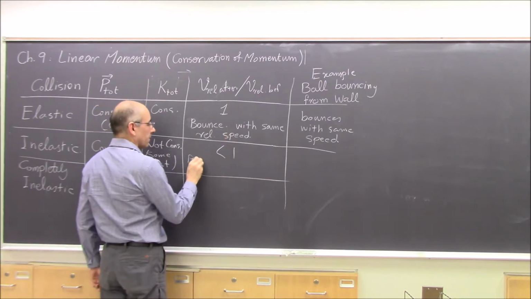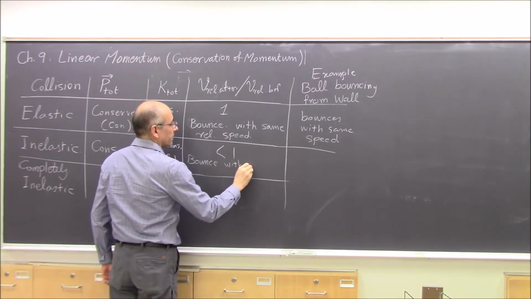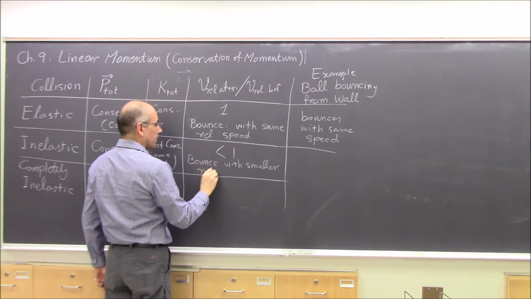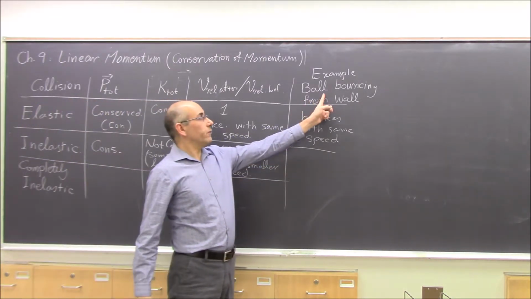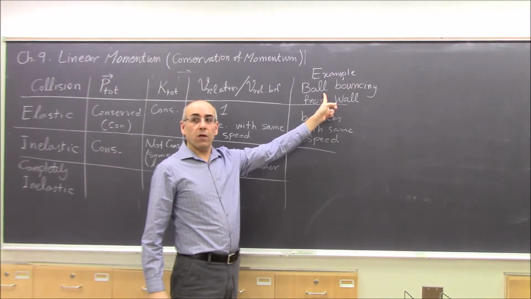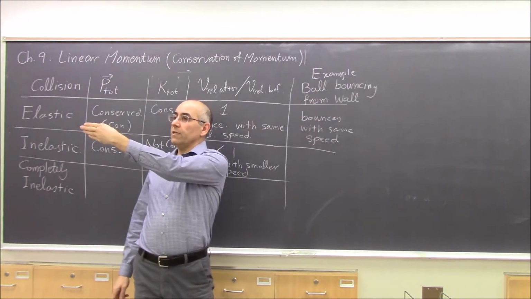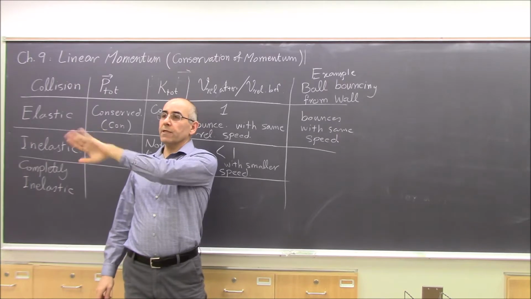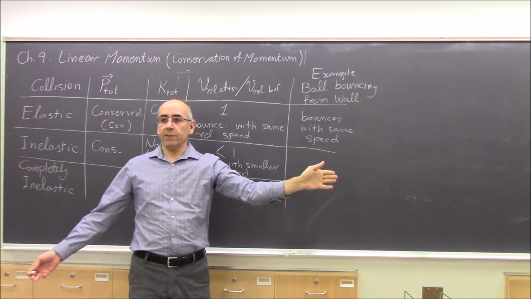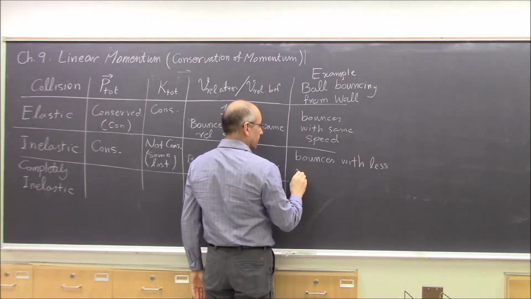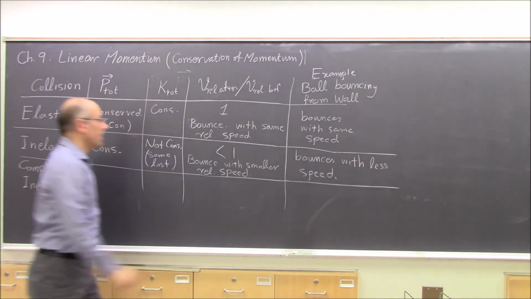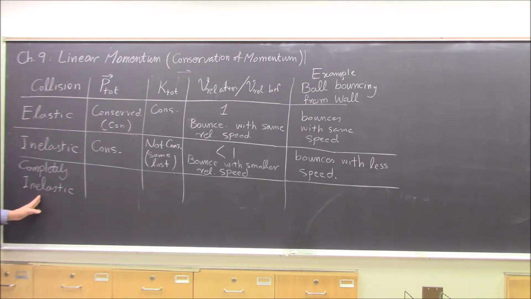They bounce with smaller relative speed. For the example of a ball bouncing from a wall, it goes at speed v, like 20 meters per second. It bounces back at 15 meters per second. Bounces with less speed.